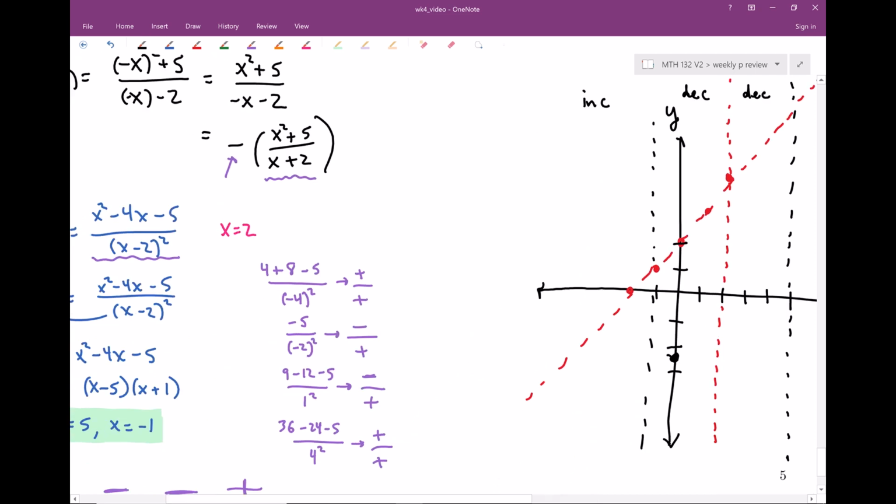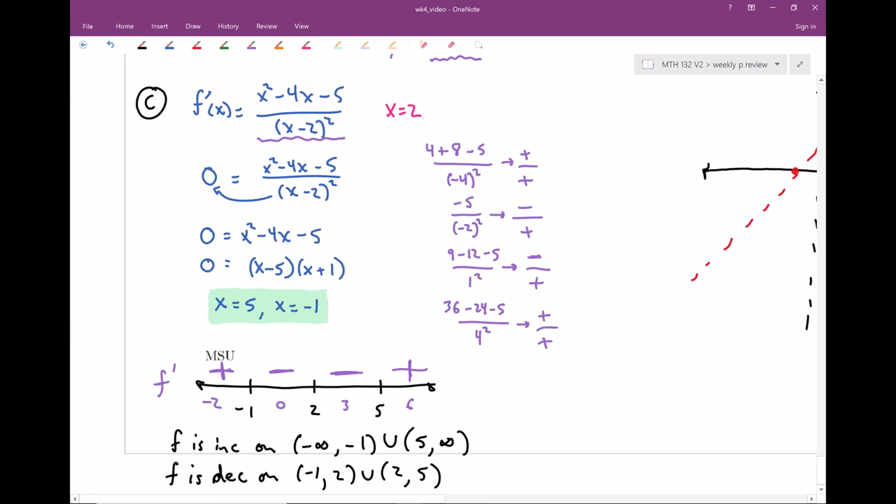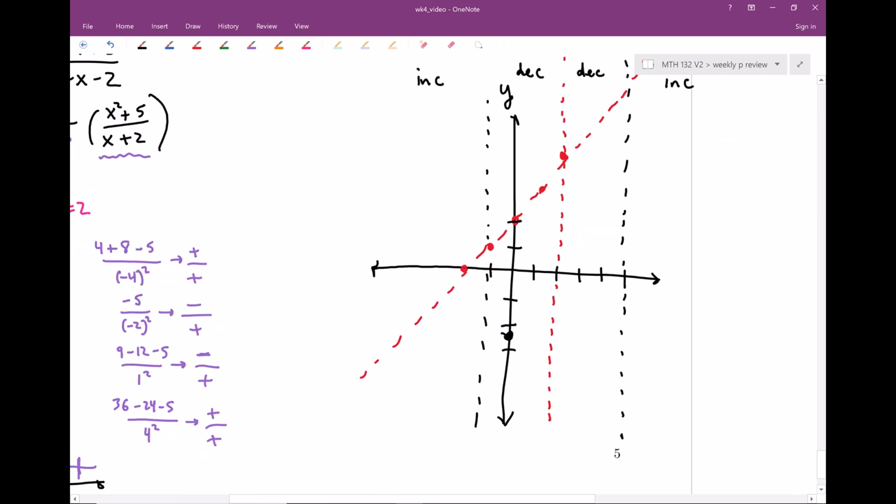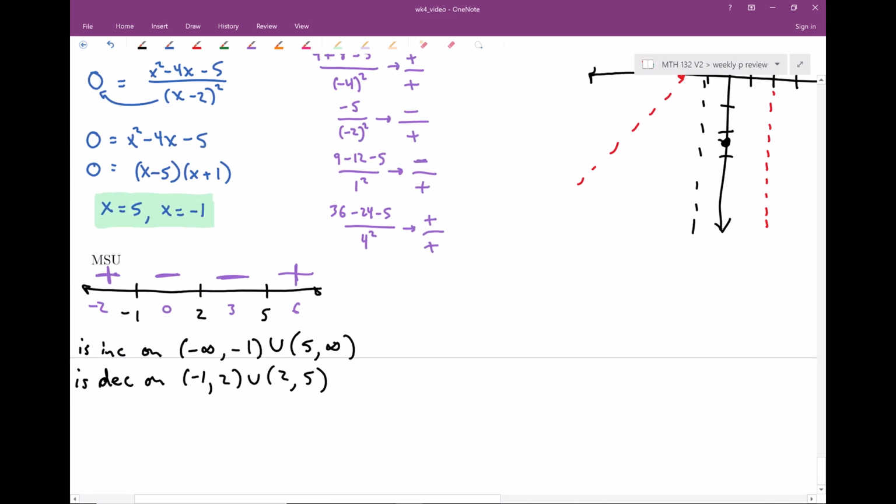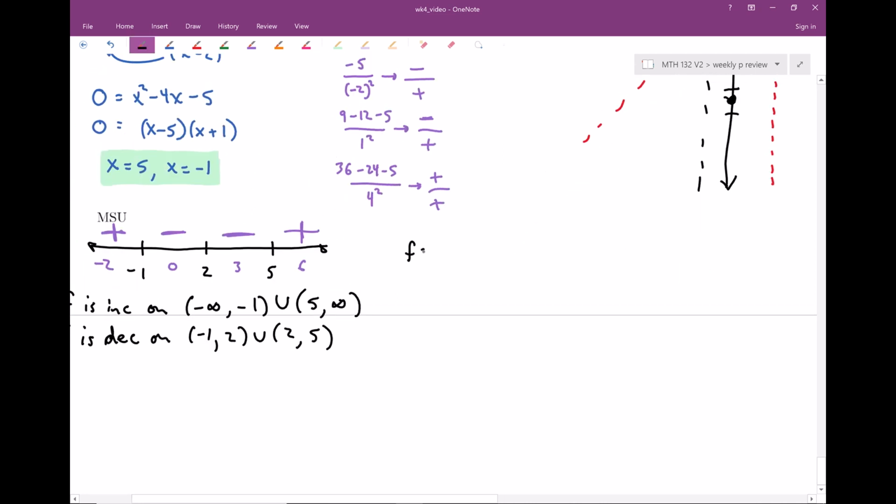One last thing, why don't we go ahead and map our critical points. We had critical points at -1 and at 5. Let's figure out the function's height there so we can plug those in. We want f of -1. Now I'm not plugging this into the derivative anymore, I'm plugging it into the original function.